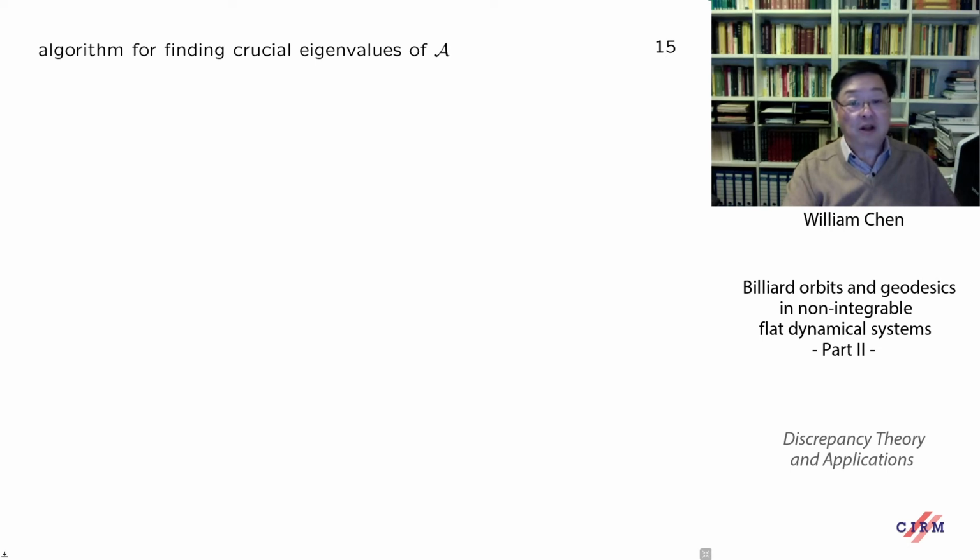Because we only want the largest 2 eigenvalues, maybe even the next one, but certainly we are not interested in the small ones. So is there a way where we can find these crucial eigenvalues while ignoring those that we don't need to know about?